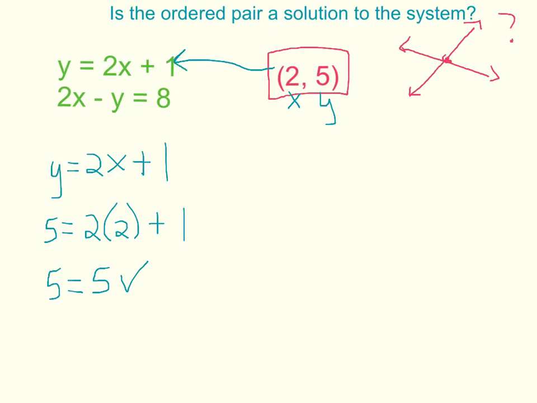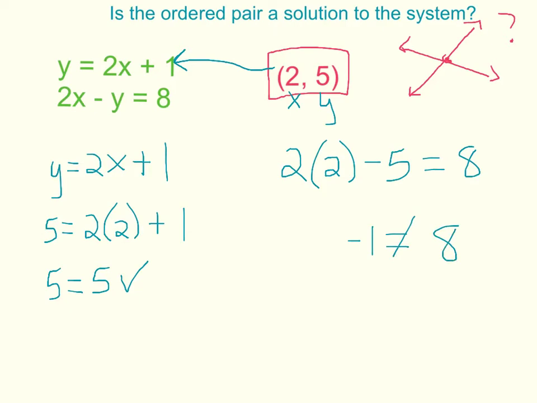Now let's check the other one. It has to be a point that lies on both of the lines. So 2 times x, so 2 times 2, minus y, which is 5, does it equal 8? In this case, 2 times 2 is 4, and 4 minus 5 is negative 1. Negative 1 does not equal 8.